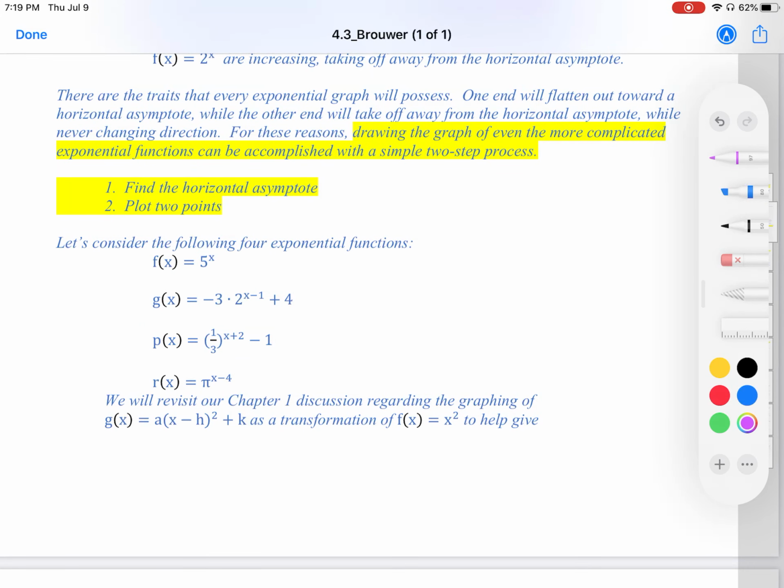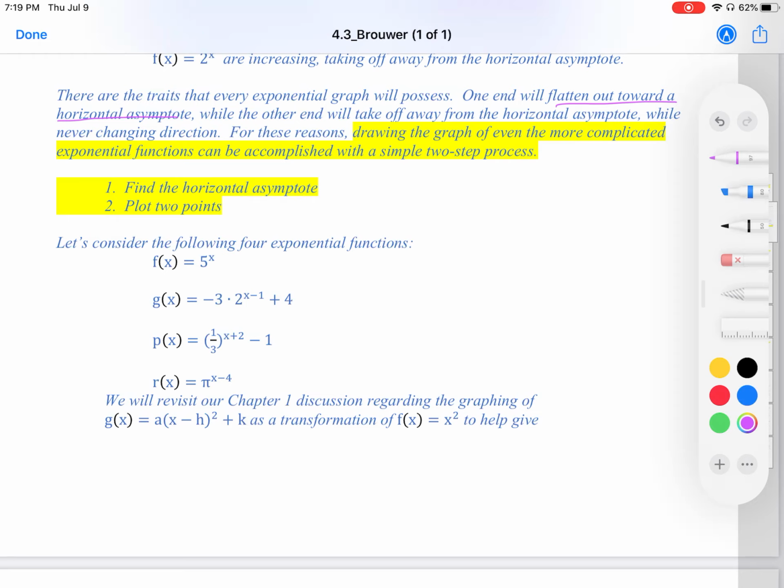There are traits that every exponential graph will possess. One end will flatten out towards the horizontal asymptote, while the other will take off away from the horizontal asymptote without ever changing directions. For this reason, drawing the graph of even more complicated exponential functions can be accomplished with a simple two-step process.